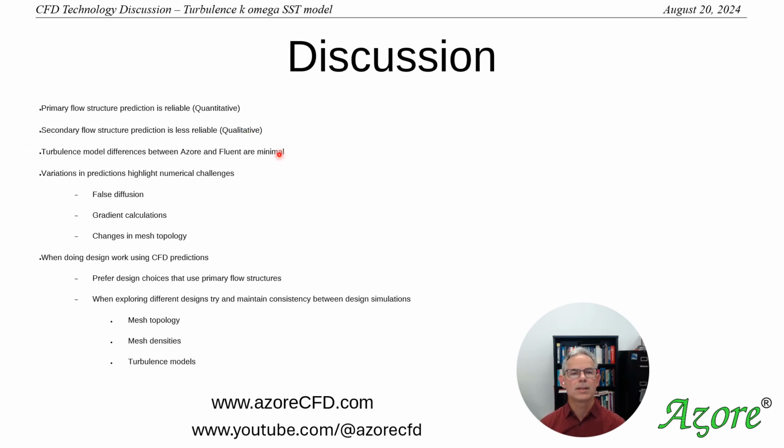Some of the other things we might want to discern here are the differences we saw between the two software packages for a particular mesh topology and a particular turbulence model. In general, there's not a lot of difference in the predictions between Azore and Fluent, which stands to reason, because if you're solving the same differential equations and using the same mesh topology, you would hope the predictions would be the same, because you're doing all of the same things mathematically.